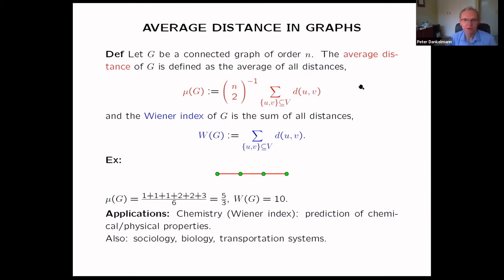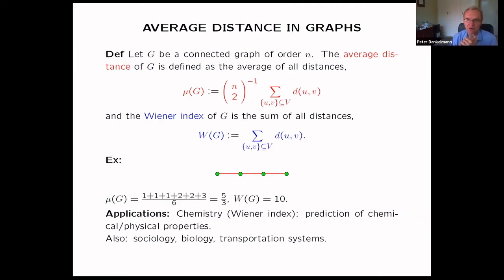Let me move to another topic, and that's the average distance in graphs. A moment ago we spoke a lot about the diameter, a little bit about the radius, but certainly a lot about the diameter, which was the largest of all distances between vertices in a graph.